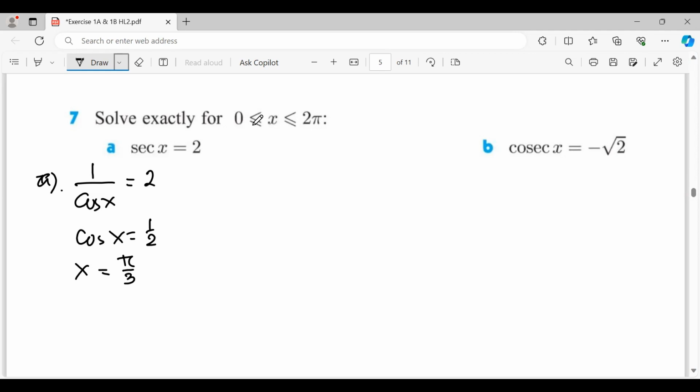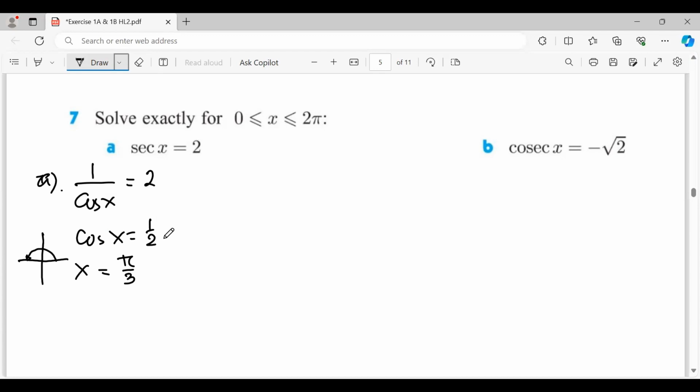Because in the interval 0 to π, it's happening in the first quadrant, quadrant 1 and quadrant 2.